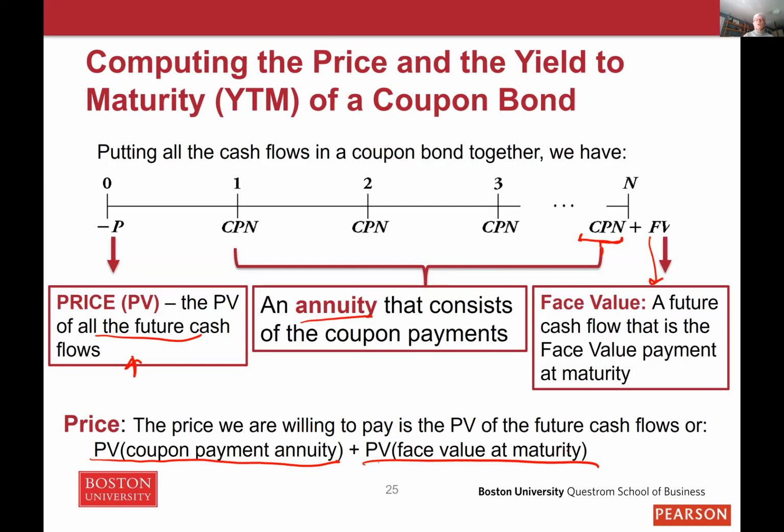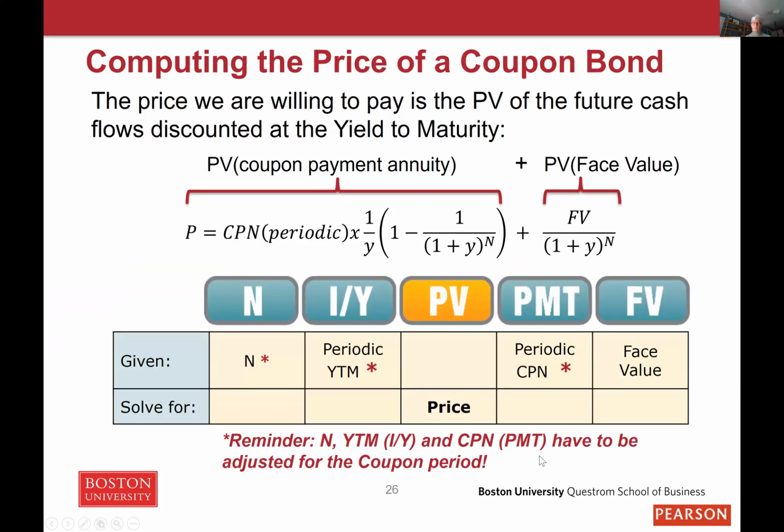Now, we can do a great big long formula for that, but you can also put it in your calculator, which is way more effective. And what you're going to discover is that the calculator, thinking about the fact that when you have a coupon bond, you are going to use every single one of these keys, helps you organize the information.